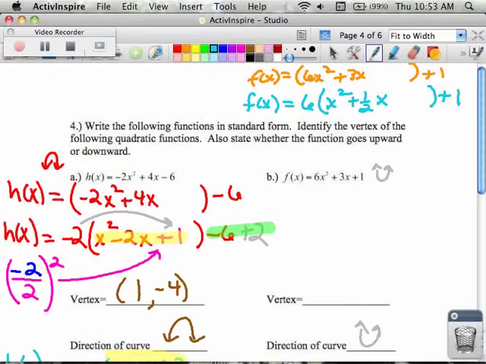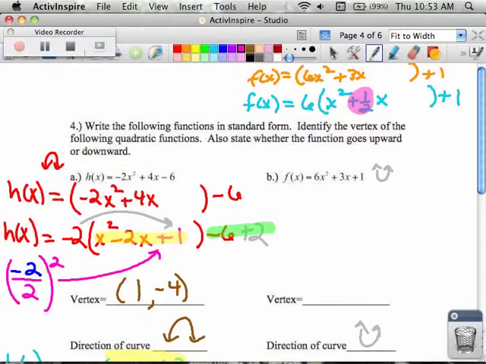In order to find the number on the end, I need to look at the number in front of the x. This number right here. And divide by 2. Dividing by 2 is the same as multiplying by a half.